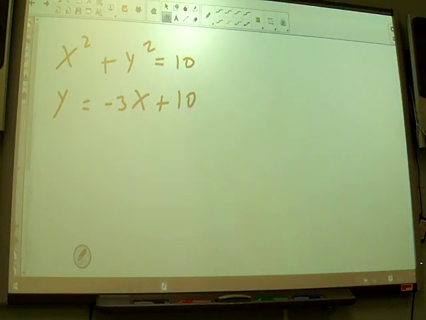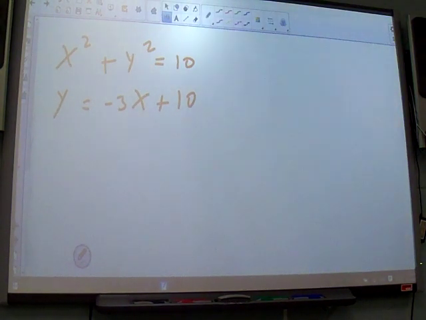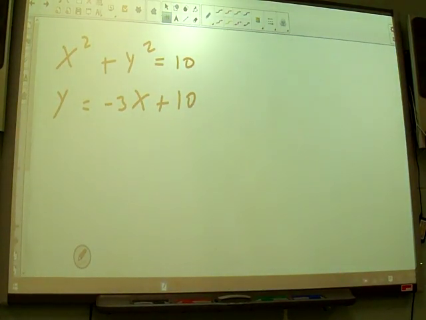So here's what we know. If both variables are squared, we're in the conics family, which means either a circle or an ellipse. We will learn which one more specifically later, but that would be either a circle or an ellipse.